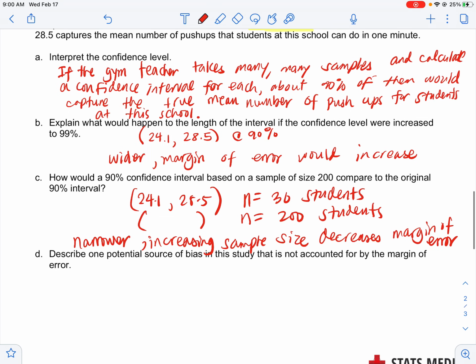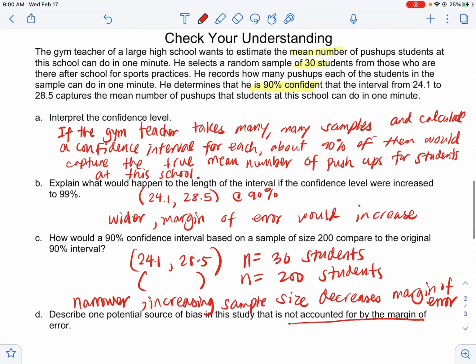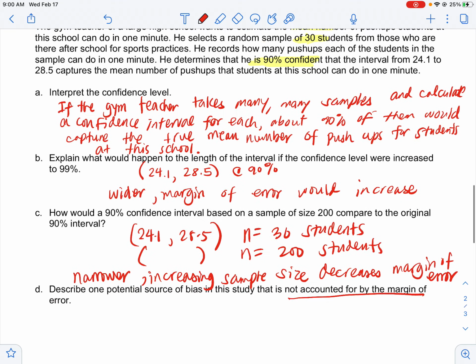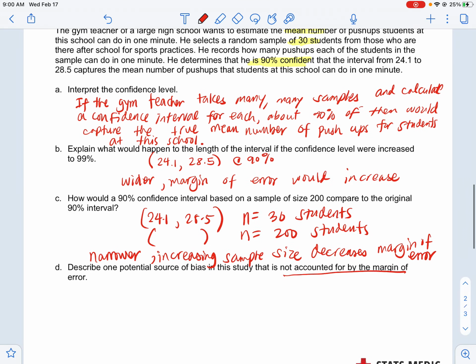All right. Describe one potential source of bias in this study that is not accounted for by the margin of error. And remember, there are three things that the margin of error will not account for. It's the non-response bias, under coverage, and response bias. So let's get an example.